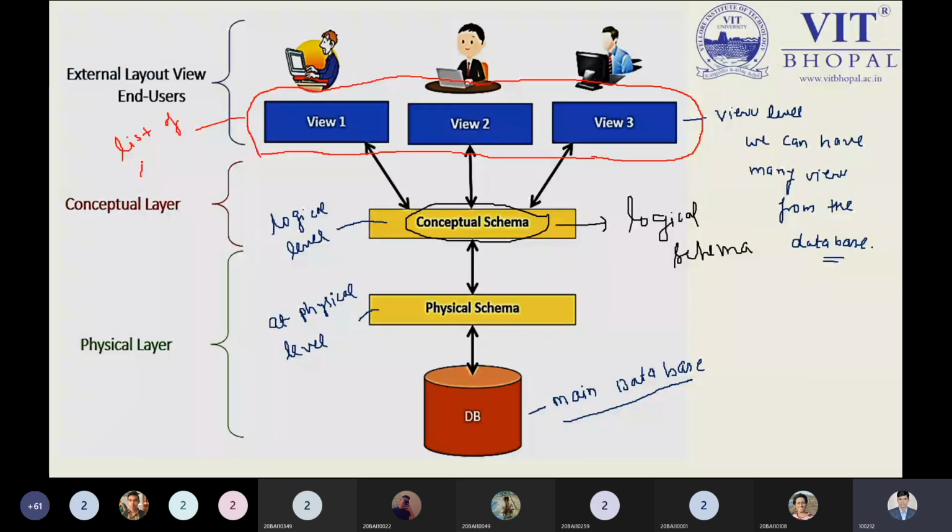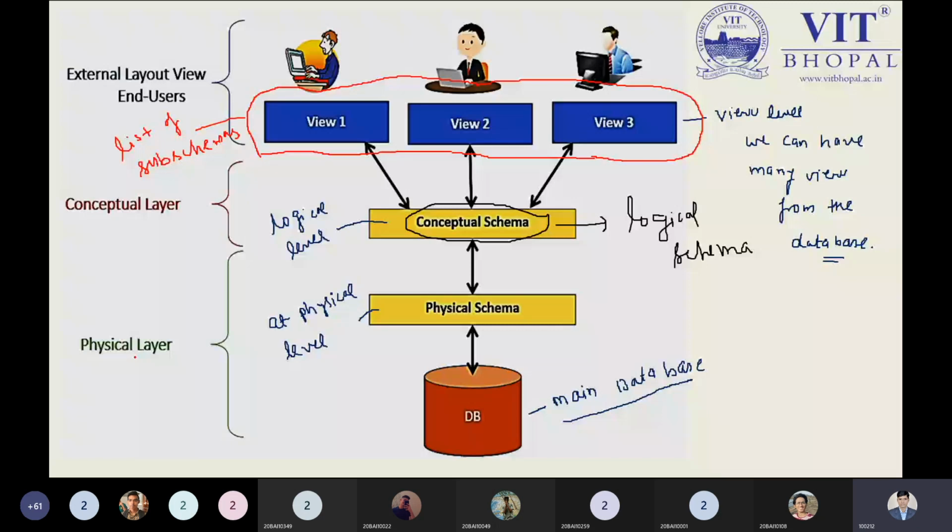This is represented by the external level, the external layer of view and user. The conceptual layer is based on the conceptual schema or logical schema. At the physical layer, it is represented by the physical schema. So this is just a representation of the entire information we have discussed.